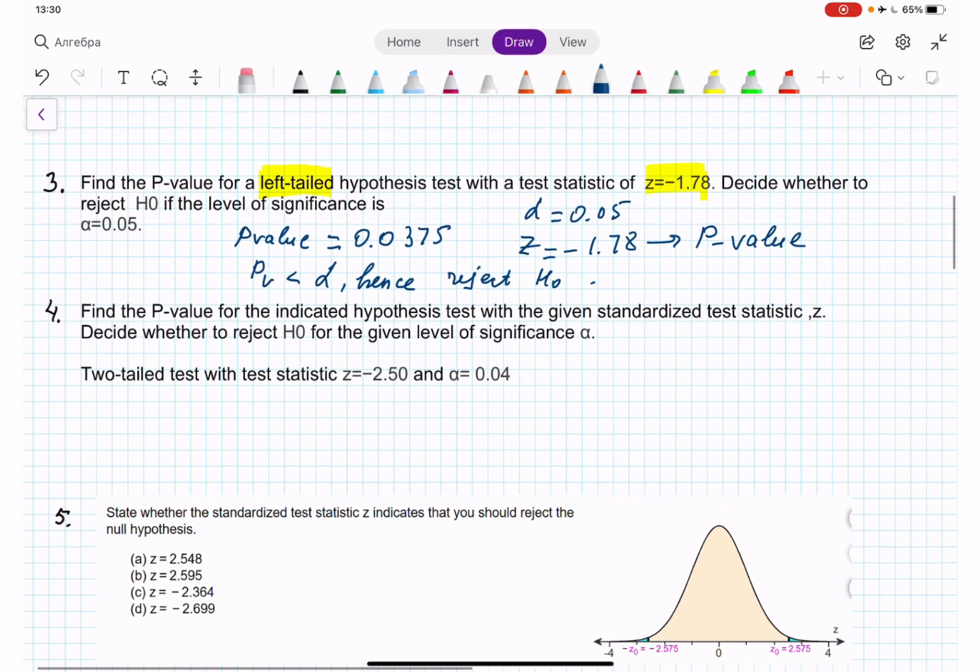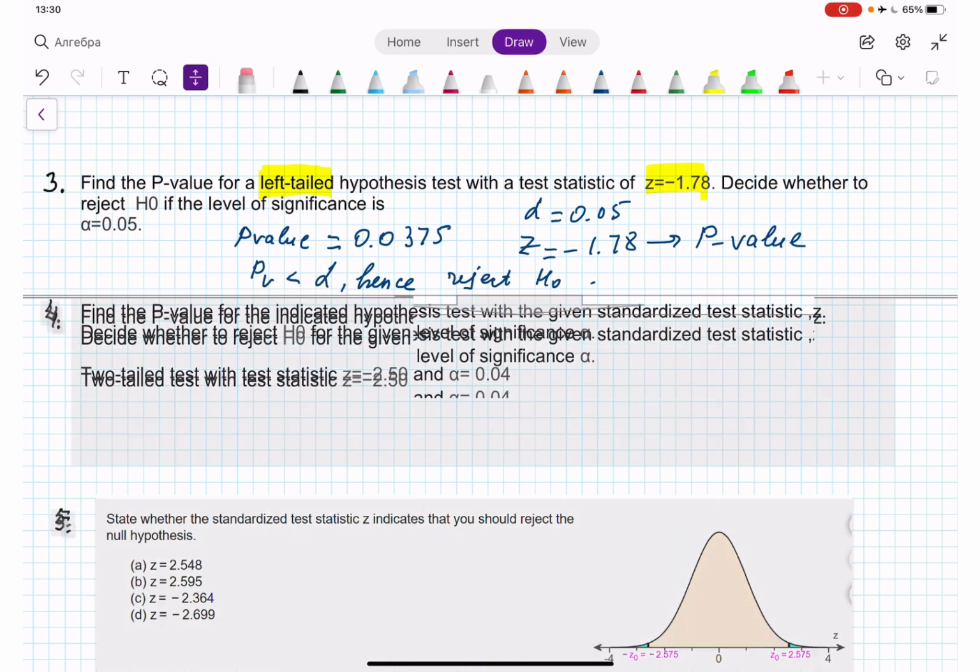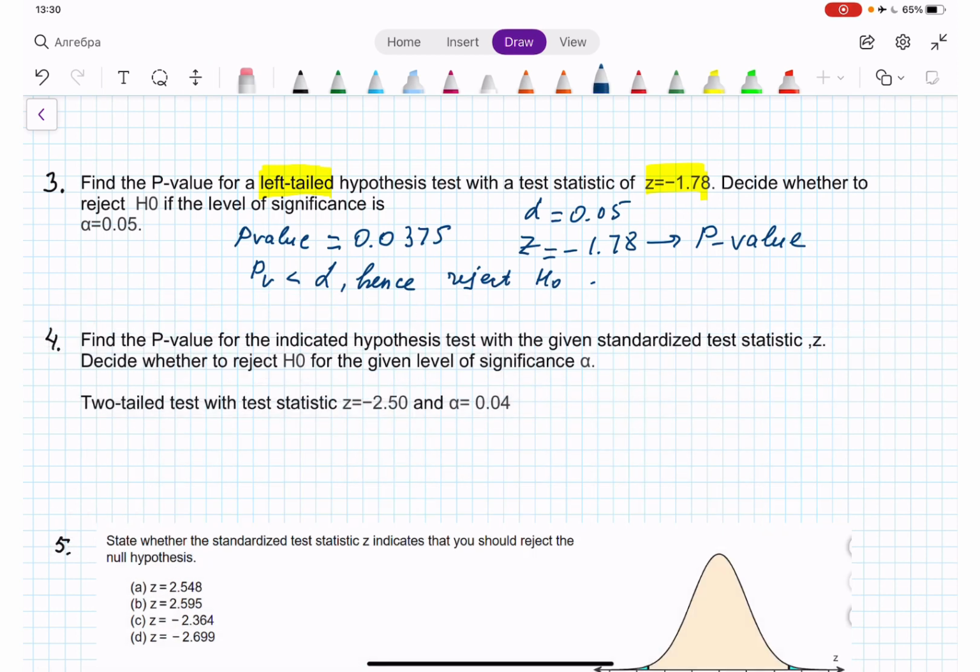Find the p-value. Let me move this a little bit down. Find the p-value for the indicated hypothesis test with the given standardized test statistic, z. Decide whether to reject the null hypothesis for the given level of significance alpha or not.